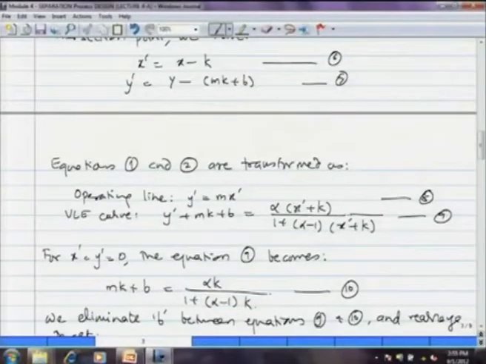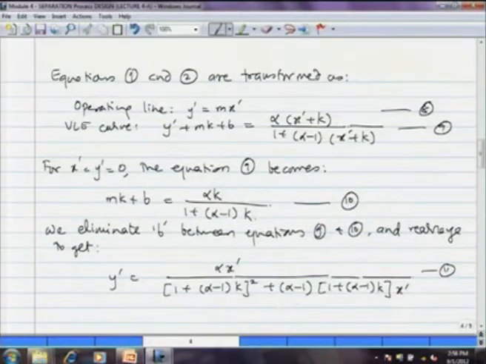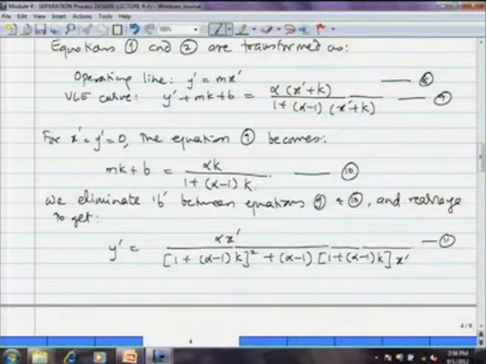And if you substitute these x dash and y dash, the new coordinates of origin, into the equation of the operating line and the Raoult's law equation, then the operating line equation becomes y dash is equal to m x dash, and the VLE curve becomes y dash plus m k plus b is equal to alpha into x dash plus k divided by 1 plus alpha minus 1 into x dash plus k.